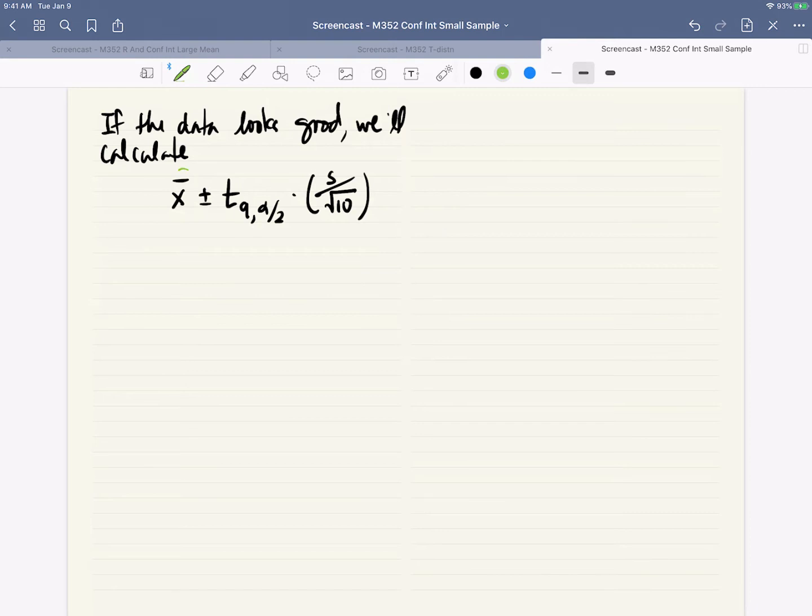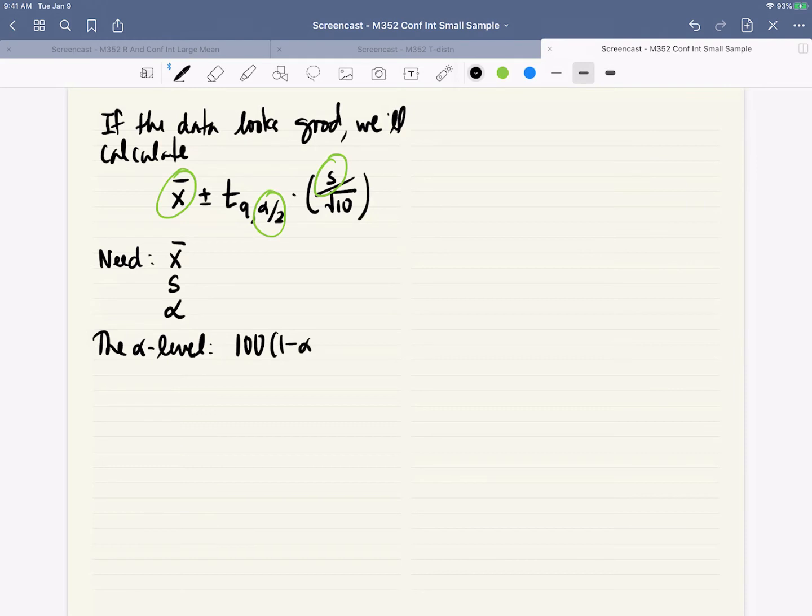We need to calculate this from our data, we need to calculate that from our confidence level, and we need to calculate that from our data. So we need the mean, the sample standard deviation, and alpha. Now, we don't need to use R to calculate alpha, right? So the alpha level, that's easy enough.